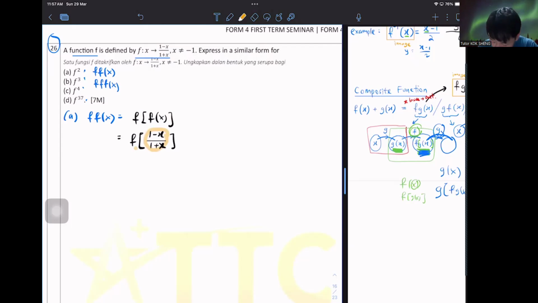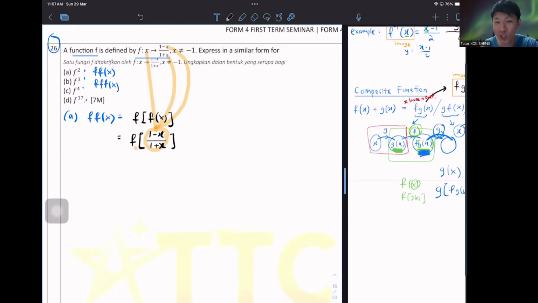Put it in. Like this. But now no need to write the one on the left, because on the left is f of (1 minus x) over (1 plus x), which is the working here already. Just have to continue to write the right side.